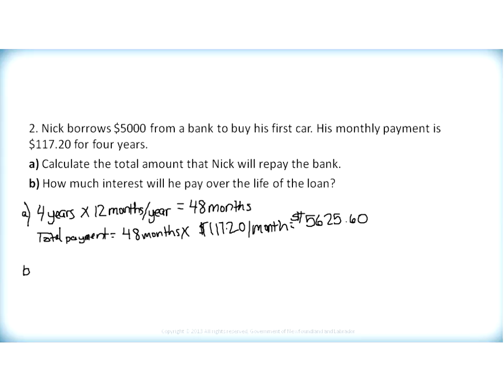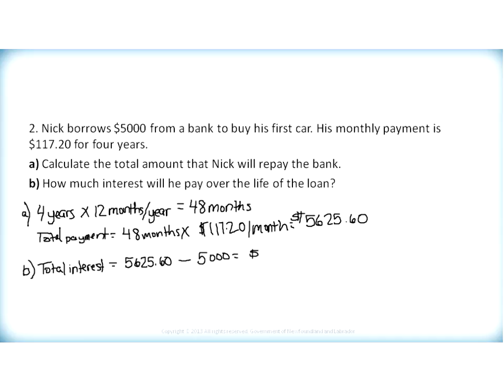Well, the interest he pays over the life of the loan is going to be how much he paid back subtracted by the amount that he borrowed in the first place. So the total interest is how much he paid back, $5,625.60, minus the $5,000 he initially borrowed.